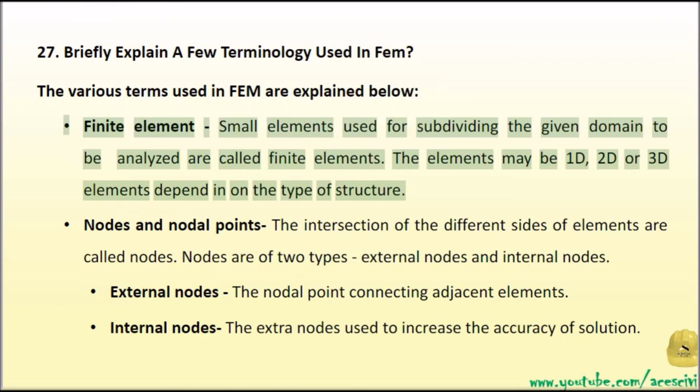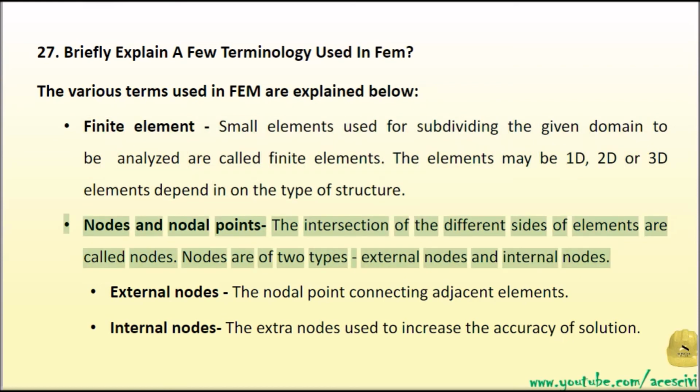Finite elements. Small elements used for subdividing the given domain to be analyzed are called finite elements. The elements may be 1D, 2D, or 3D elements depending on the type of structure. Nodes and nodal points.